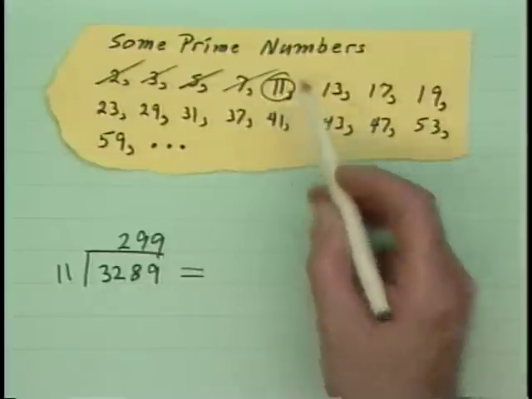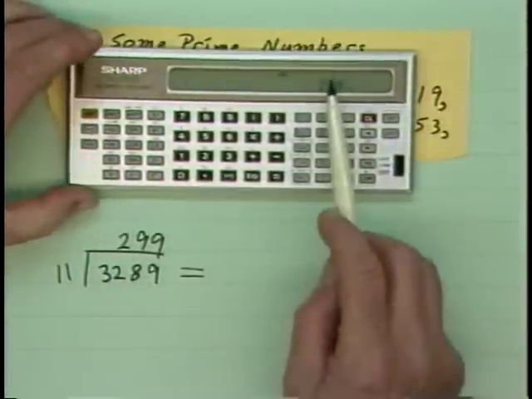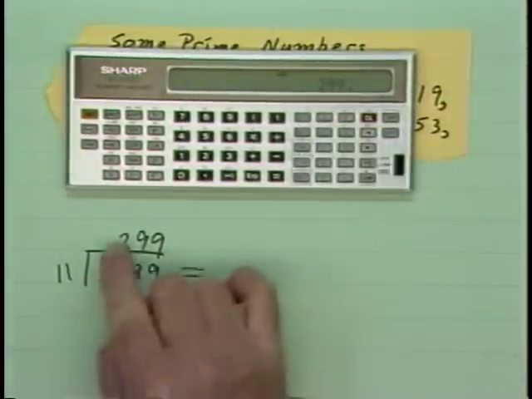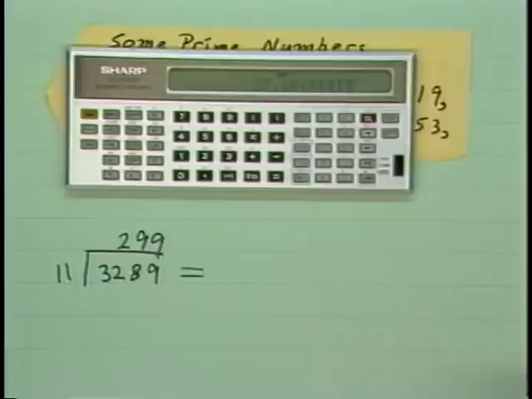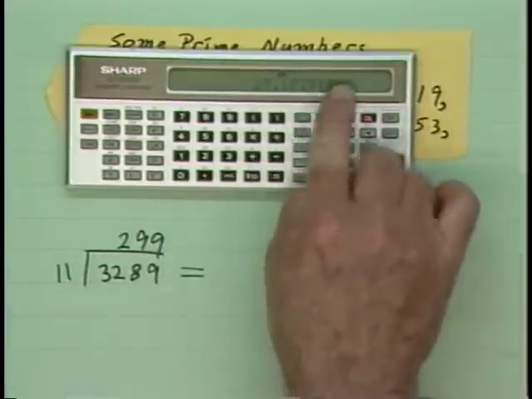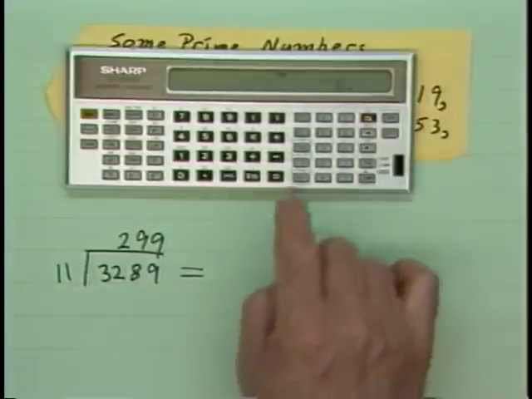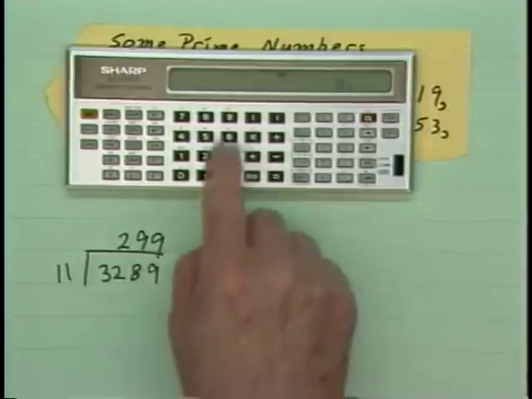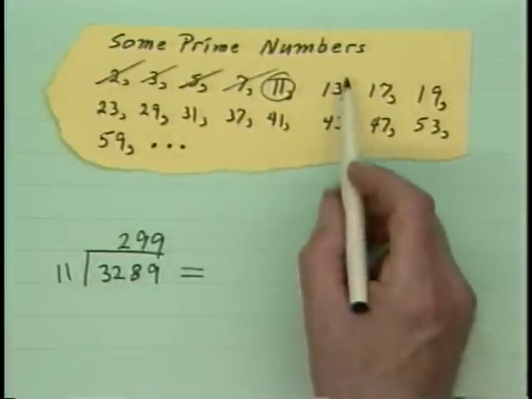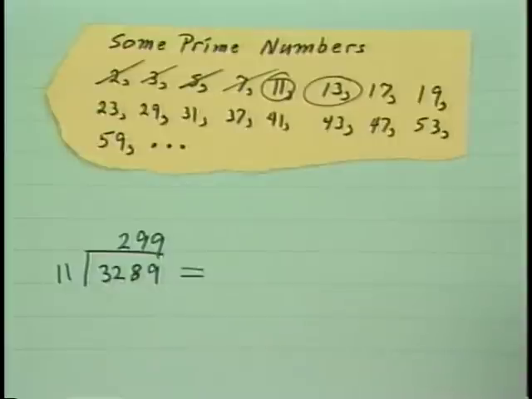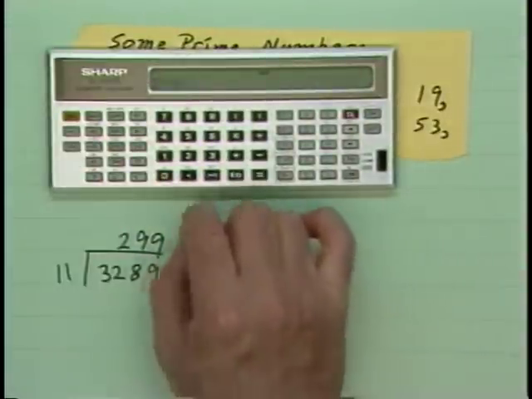11 might go again. So while we have the number here, let's remember what it is, then try dividing it by 11 once again. It didn't go in because of the decimals. So clear. Take the same number, 299. Now we're ready to try dividing by the next prime number, in this case, 13.